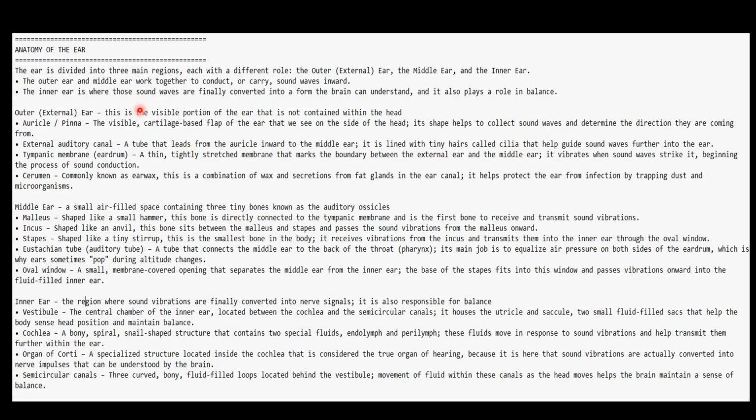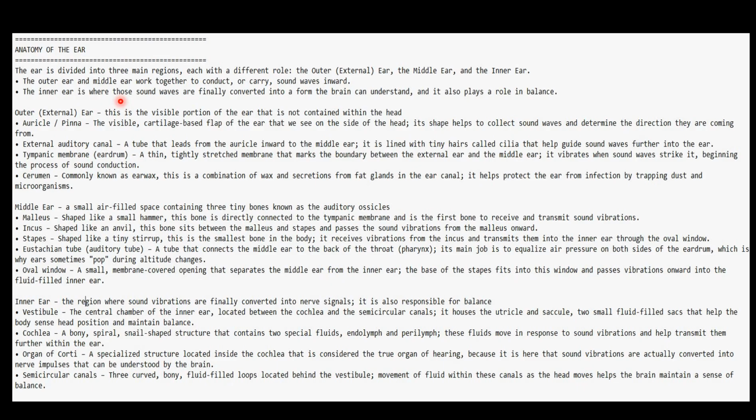As I mentioned, the ear is divided into three main regions, each with a different role: the outer or external ear, the middle ear, and the inner ear.